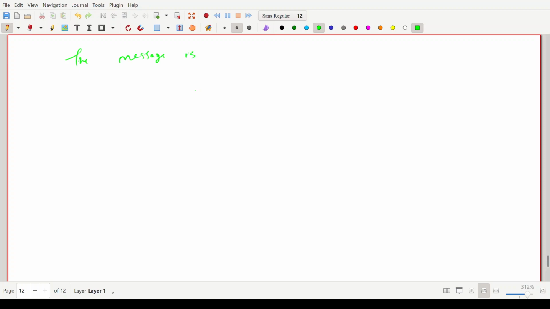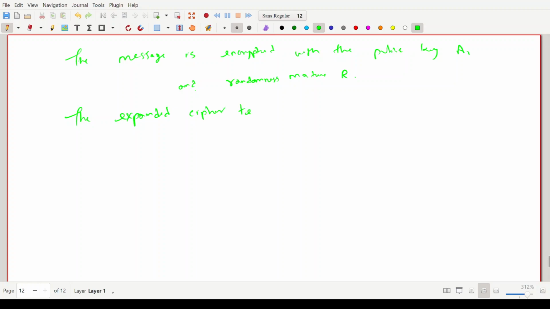The message is encrypted with the public key A1 and randomness matrix R. The expanded ciphertext C1 dash will have the form like this: C1, some vector x, some matrix x, y, and again C1.